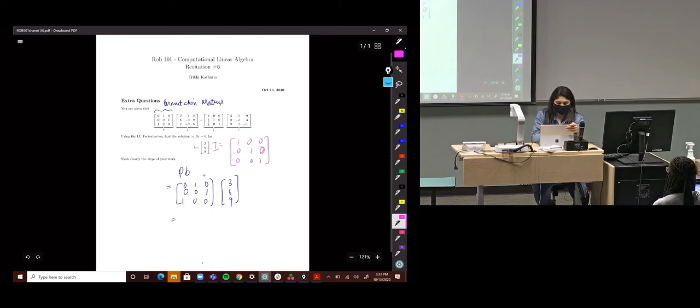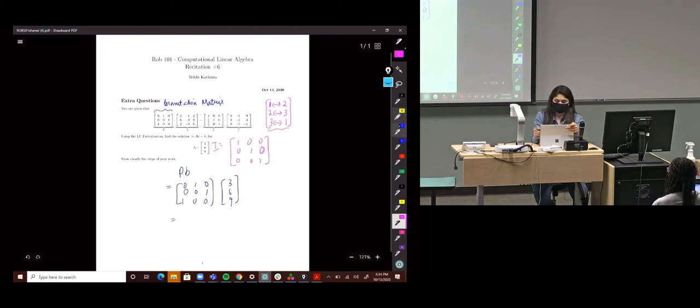The first row of the P matrix is the same as the second row of the identity matrix. The second row is the same as the third row, and the third row is the same as the first row. So when I multiply it to anything, this map should follow.